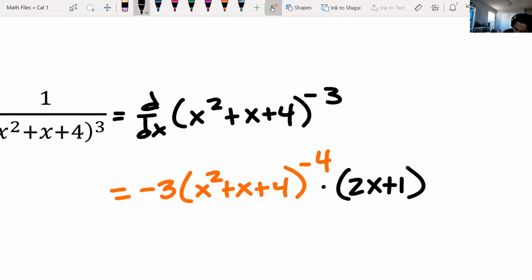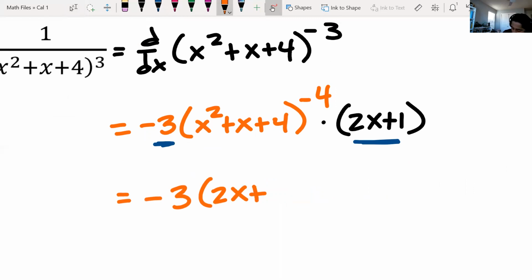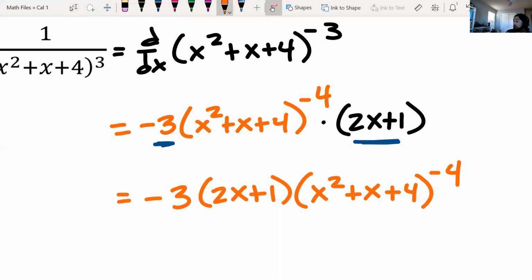And now just go ahead and multiply these two together. I'm not going to distribute the 3 just yet. I'm going to rewrite it as negative 3 times 2x plus 1 times x squared plus x plus 4 to the negative 4. So I'm just putting the 3 and the 2x plus 1 together.